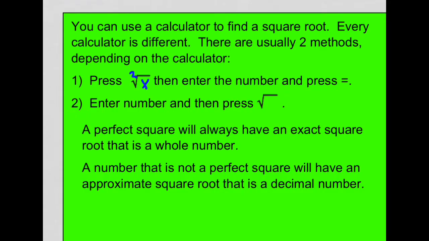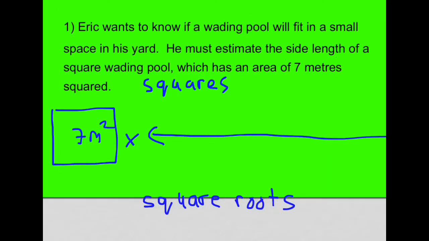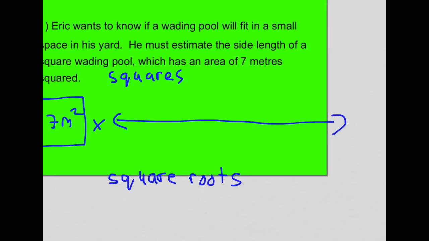At the beginning of my number line I'm going to put the perfect square 4 here and the perfect square 9 here. Now, what I want to do is figure out where I would put 7 on this number line, because that's what I want to figure out, the square root of 7.